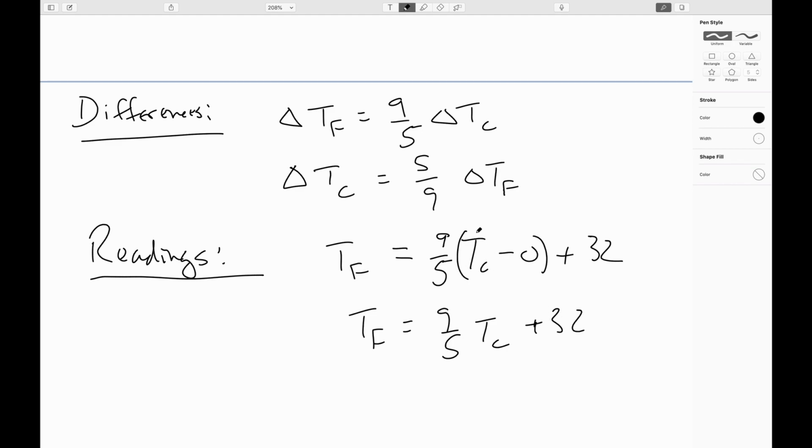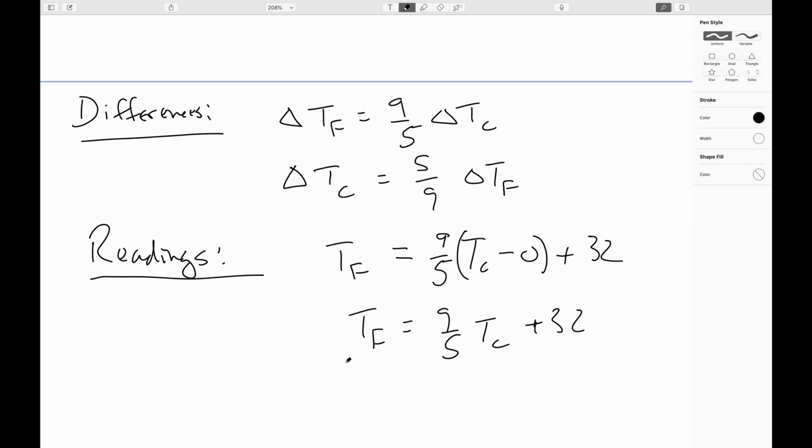But the process here is take the temperature, subtract the ice point temperature, get a temperature difference, adjust for the size of the degree, and then add the ice point temperature in the new scale in order to get it to be a reading.